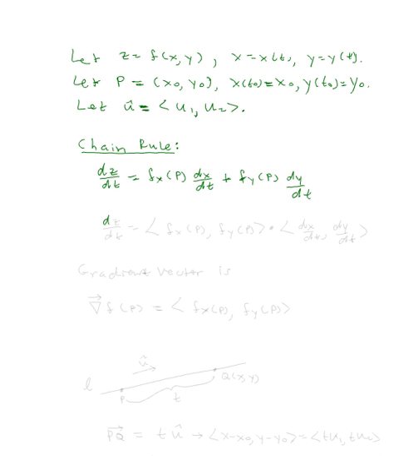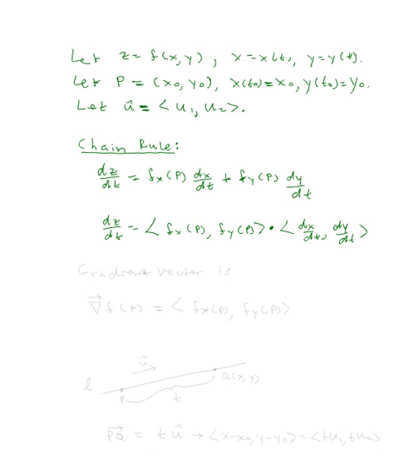Now this chain rule can be written as a dot product of two vectors. One vector has components the partial derivative of f with respect to x at P and the partial derivative of f with respect to y at P, and the second vector has components dx dt and dy dt.